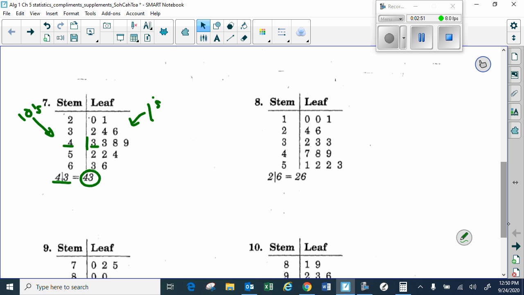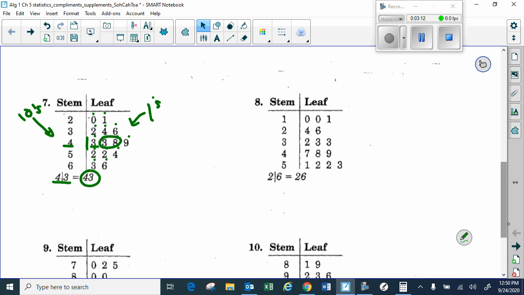All right, so we count up how many numbers there are. 1, 2, 3, 4, 5, 6, 7, 8, 9, 10, 11, 12, 13, 14. So that means there's 2 middle numbers, just an even amount. 1, 2, 3, 4, 5, 6, 7, and 8.